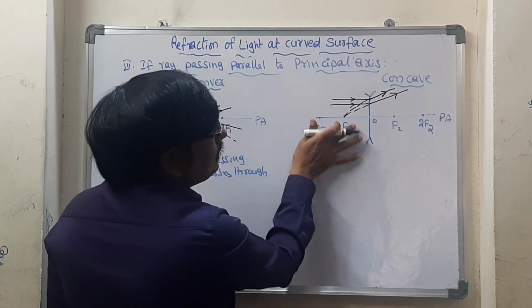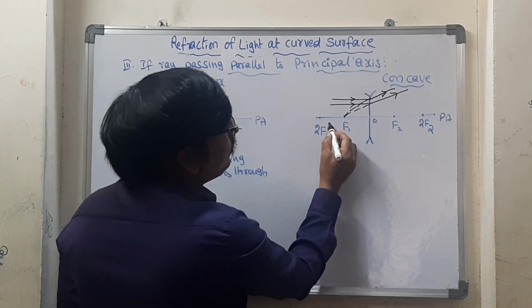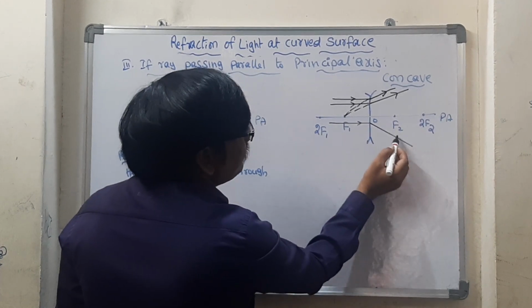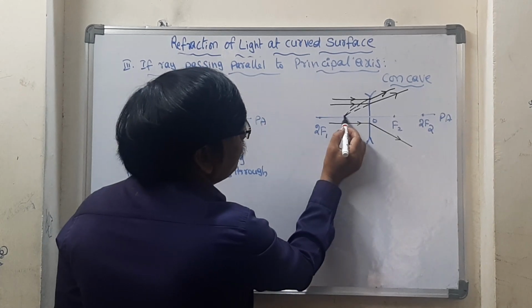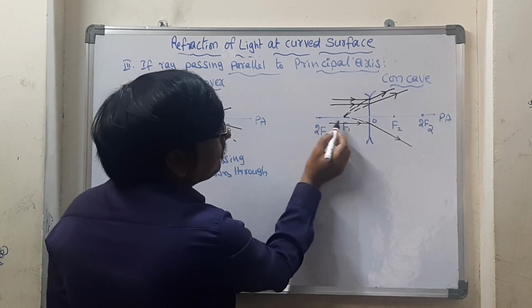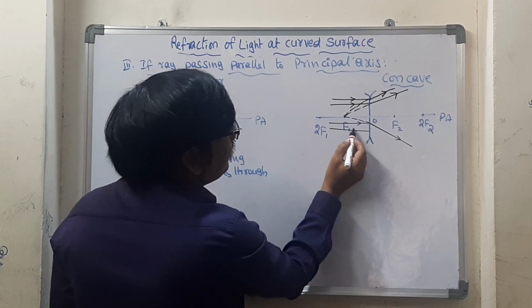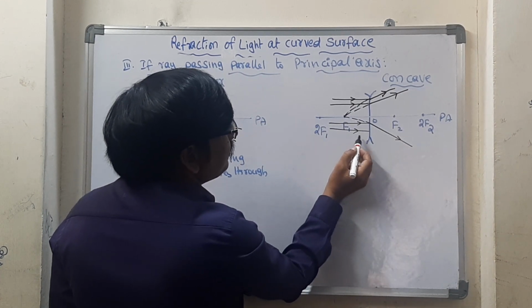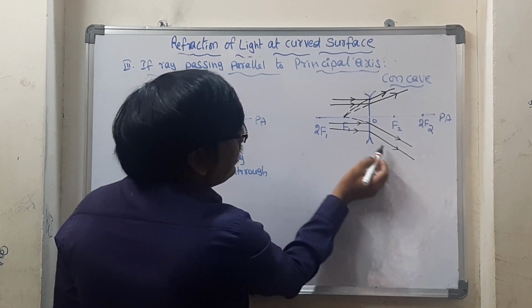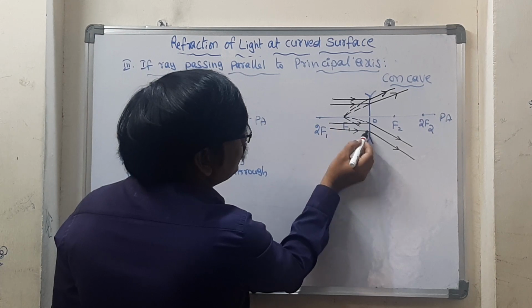Now let us take one more ray below the principal axis; these two show diverging, and right from here we can extend some rays again. Now let us take one more ray parallel to the principal axis, and this will travel towards diverging, and right from here you draw the duplicate again.